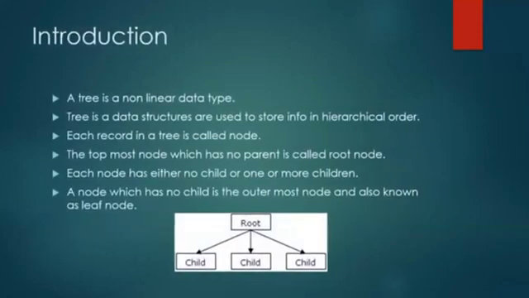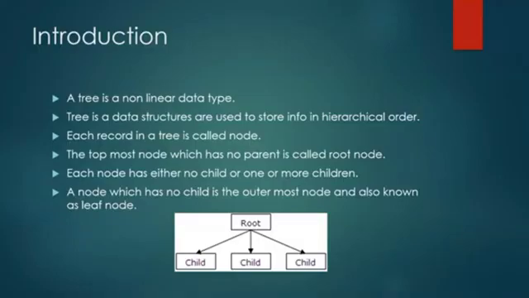A tree is a non-linear data type. A tree is a data structure used to store information in a hierarchical order. Each record in a tree is called a node. The topmost node, which has no parent, is called the root node, and each node has either no child or one or more children.